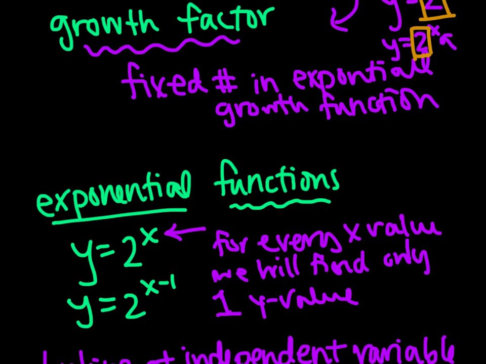So essentially, if we put an x value in, say 2, we will have one and only one y value as an output.